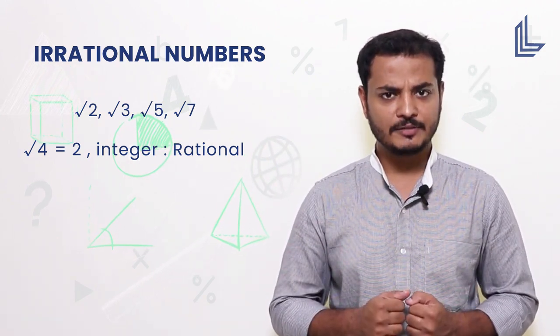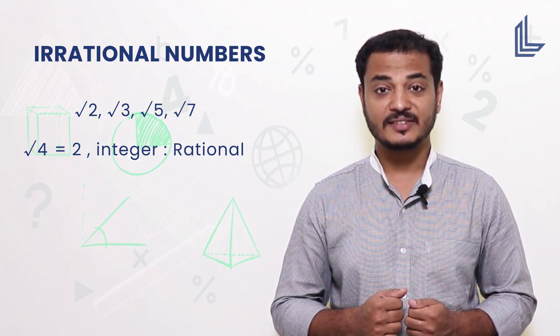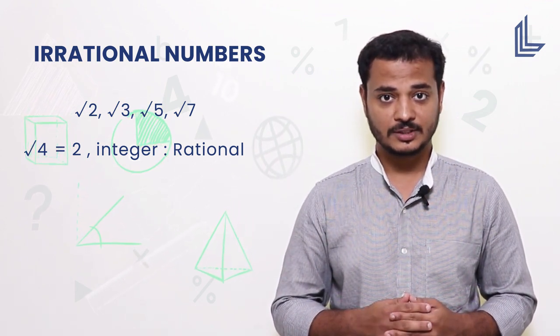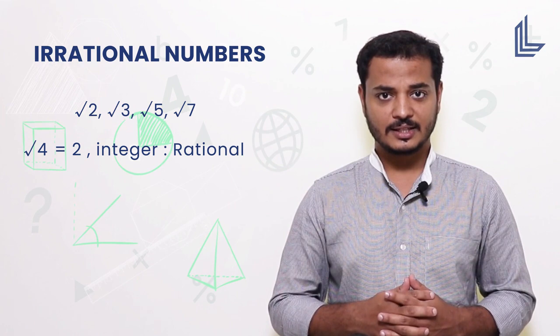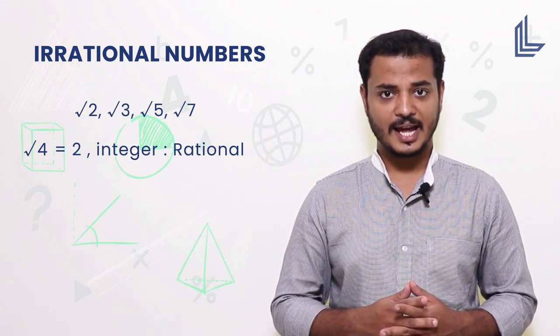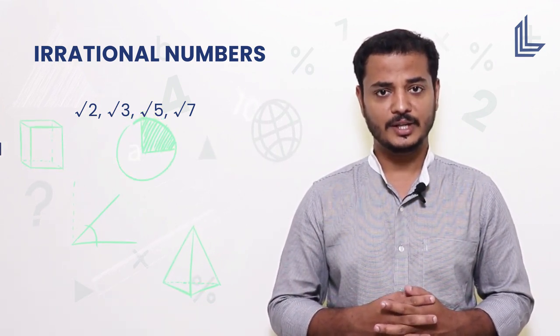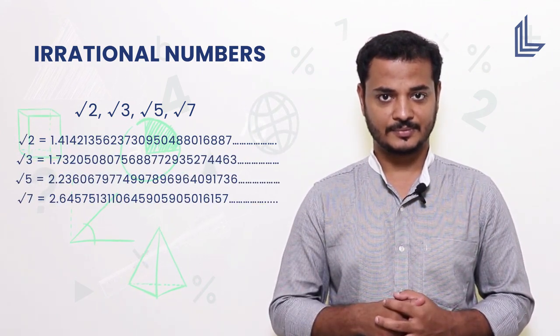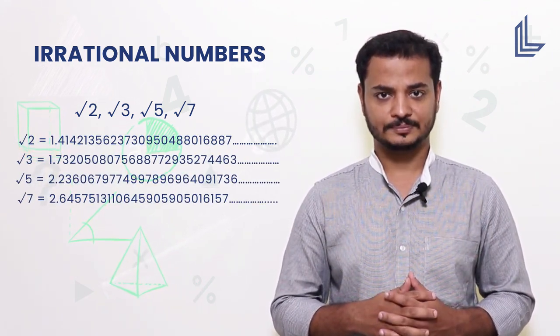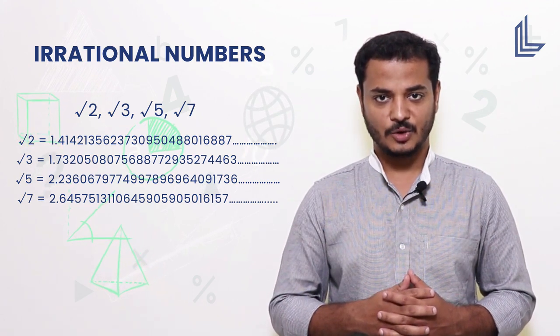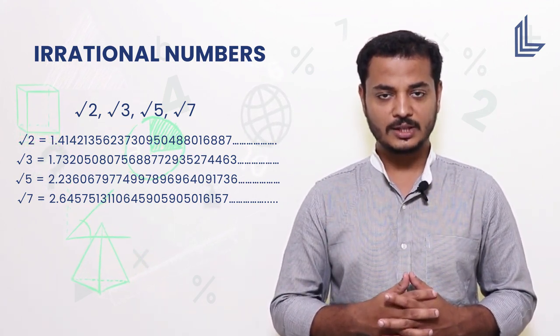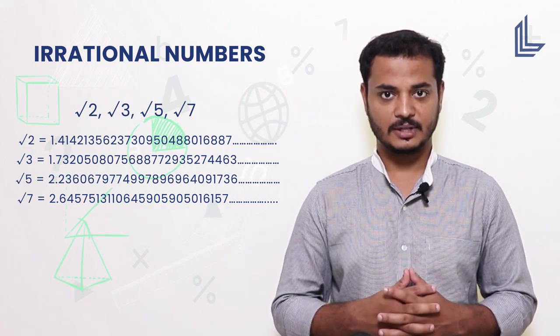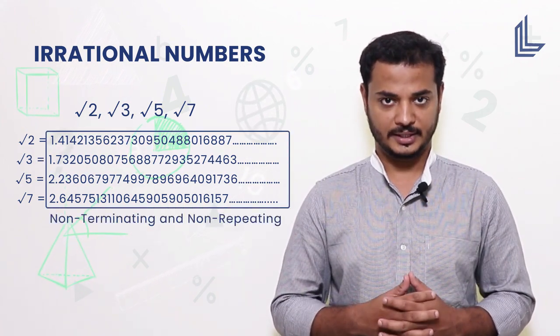But how do you identify an irrational number if it is given in the decimal form? To understand this, let's look at these examples and convert these into decimal form. So here it is. What do you notice? You can notice that all these numbers written in the decimal form are non-terminating.